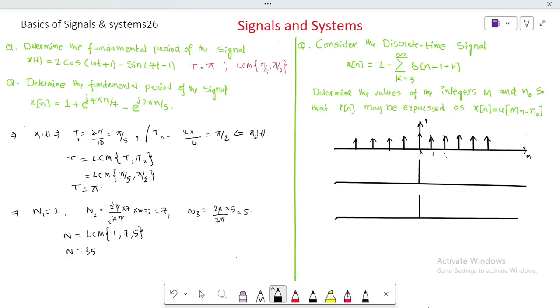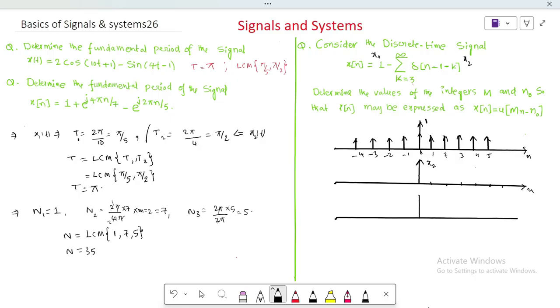So 1 2 3 4 5, minus 1, minus 2. This is a second signal. I am taking this as x1, this as x2, is it? So this is the x2 signal, is it? So in x2, k equals 3, it started from 3, is it? Substitute n minus 1 minus 3, so n minus 4, is it? n minus 4. So it is starting from 4 to infinity, is it?